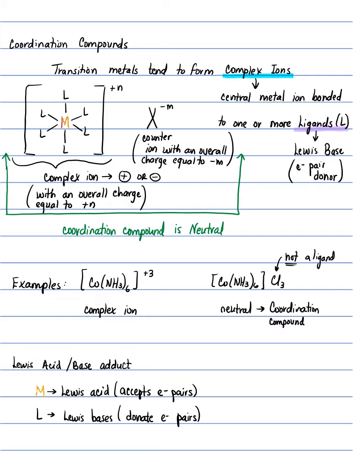Those counter ions are not the ligands. The ligands are directly bonded to the metallic center, forming the complex ion, and the counter ions are just there to neutralize the overall charge of your complex ion.